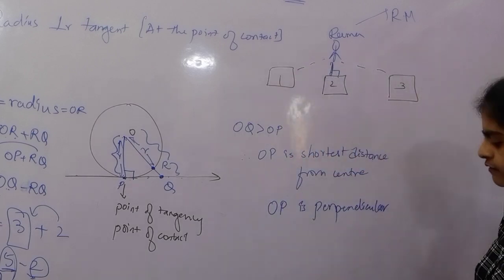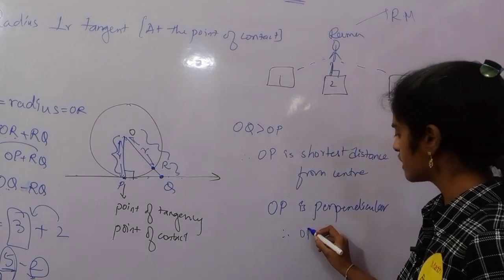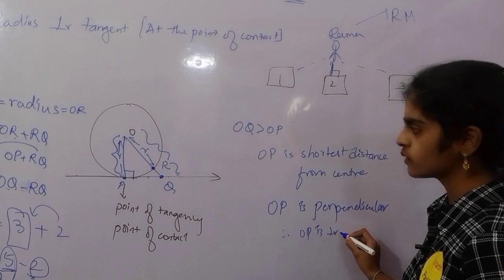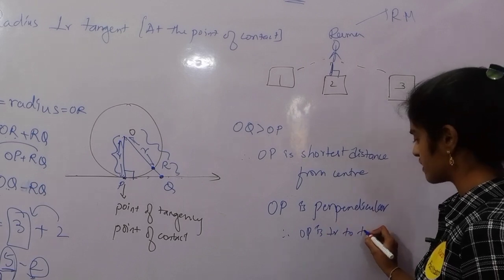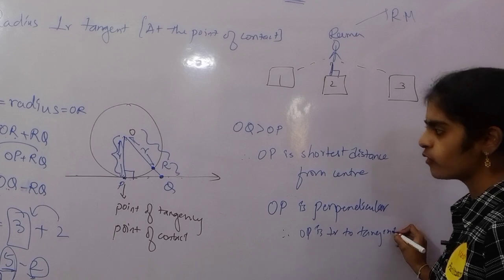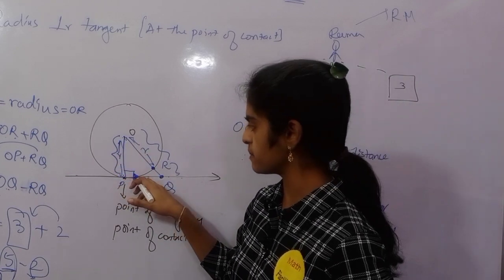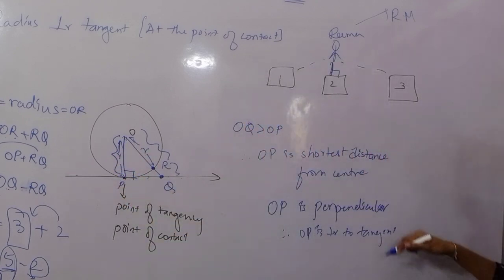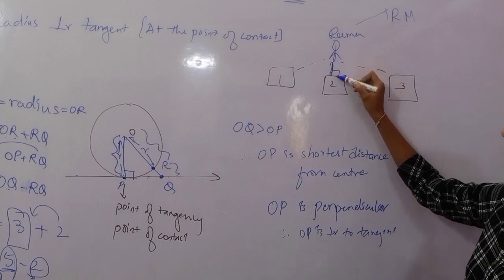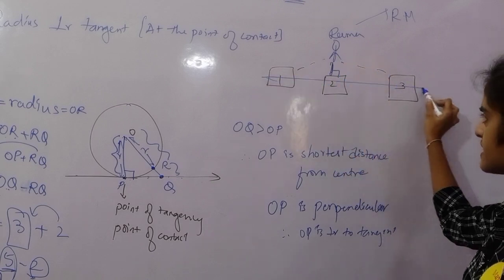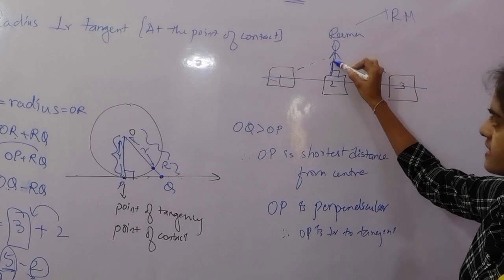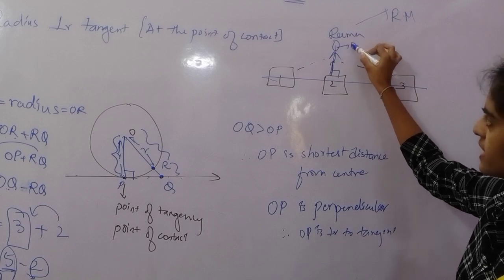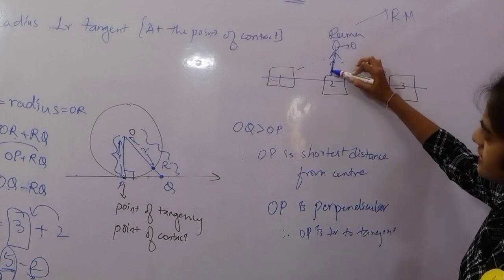Therefore we conclude that OP is perpendicular to the tangent. But what is OP? OP is the radius, so the radius is perpendicular to the tangent. Clear? Always the shortest distance will be the perpendicular distance. Consider this as a tangent, this is the circle, this is the center, and this is the radius.